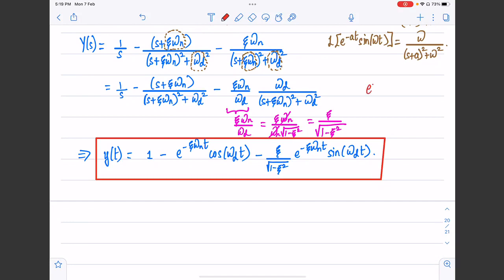That can be easily understood because I can always write, let's say I take, e power minus zeta omega n plus j omega d, times t. If this is one exponential term, I can rewrite this as e power minus zeta omega n t times e power j omega d t, and e power j omega d t I can express as cos omega d t plus j sine omega d t, right?